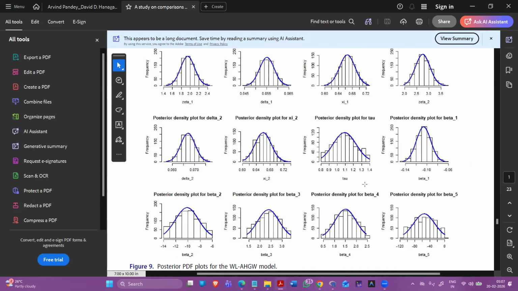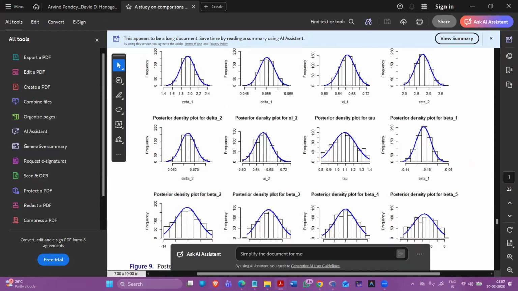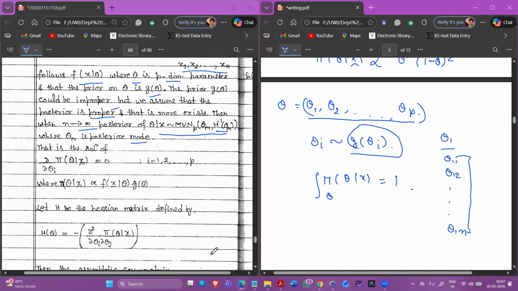100,000 times. Okay. So 100,000 times means n is 100,000, right? So that means it tends to infinity. It is large enough.